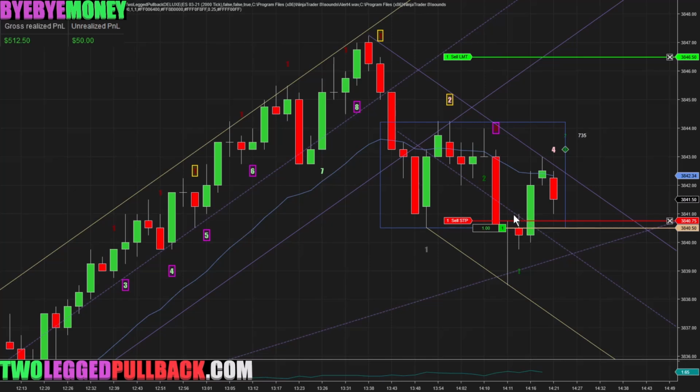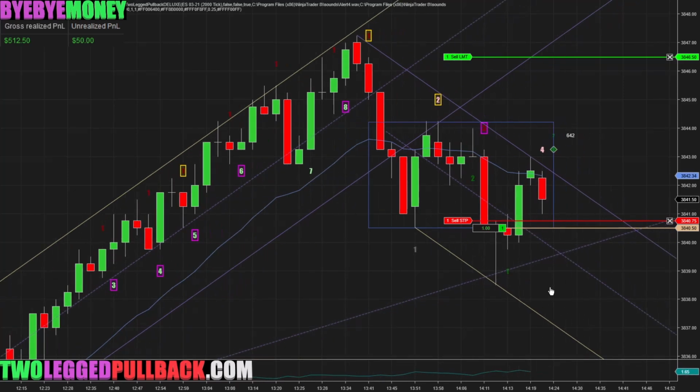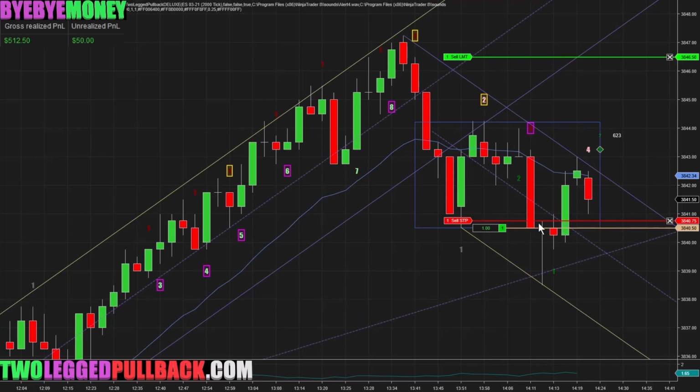So most people who are trying to have a runner are out now because it's just touched their stop loss. I came in with a small retracement, so my stop loss plus 1 tick, my break even plus 1 tick, is actually below most people's stop losses.